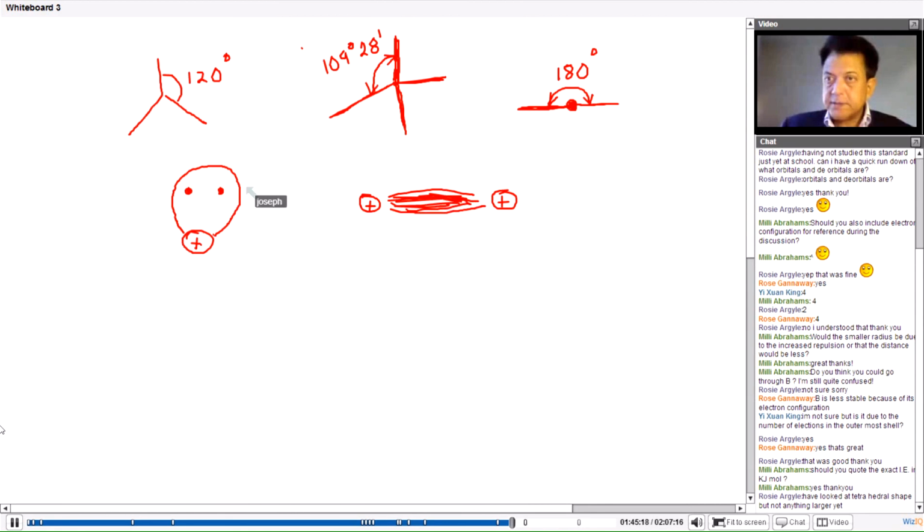It's not as puffy. So when you have this here, this is how you end up getting a pyramidal shape, like with an ammonia molecule, for instance. I'm talking here at the moment about stuff that you have really done in your level 2 work.